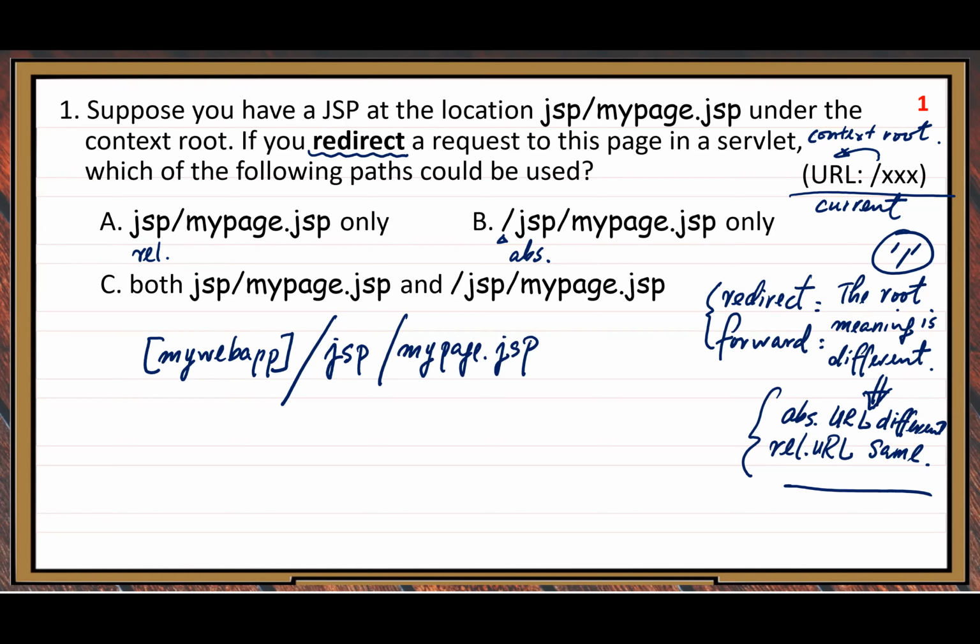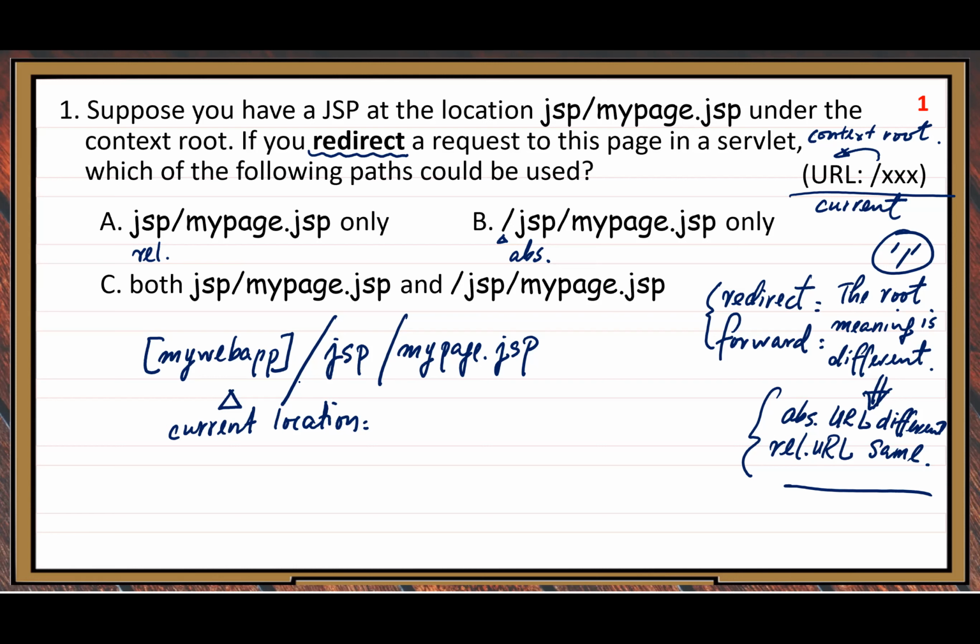All right. Then the current location. Current location, that's our starting point. So we need to know the current location. Current location URL, so that means here, under that my web app folder.